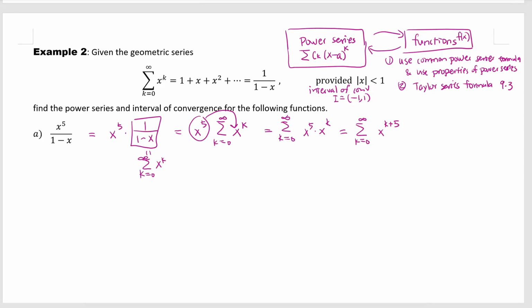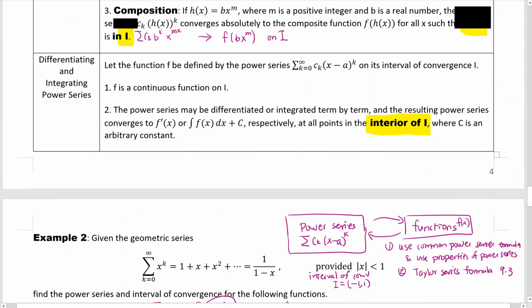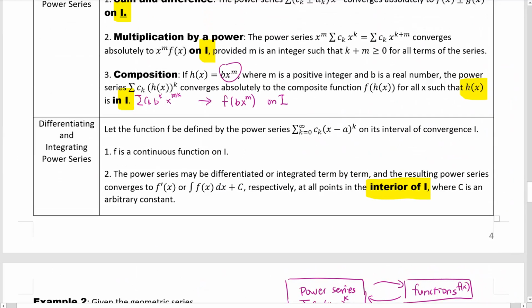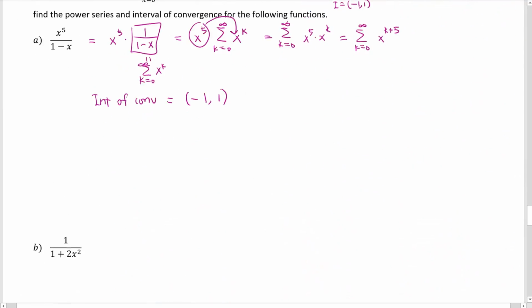Okay, that's our I. So now our new interval of convergence is still the same, right? Because remember when we multiply a power series by powers of x, it won't change the interval of convergence. It still be the same I, okay?